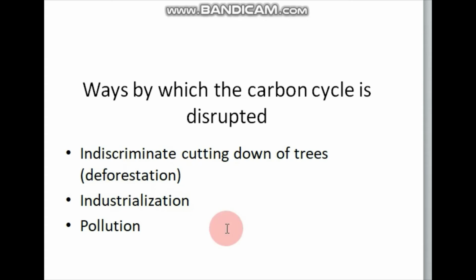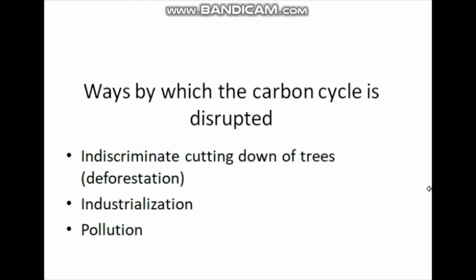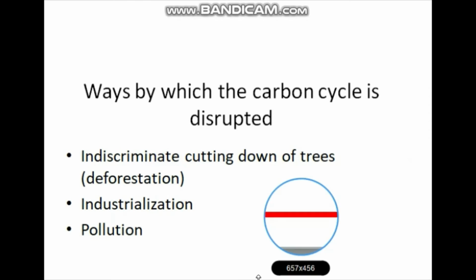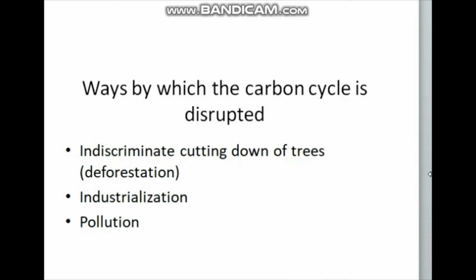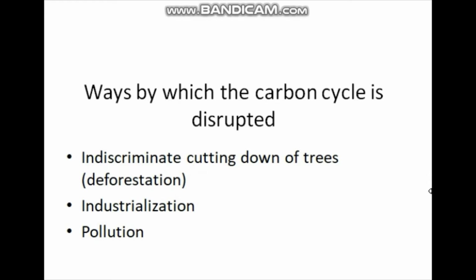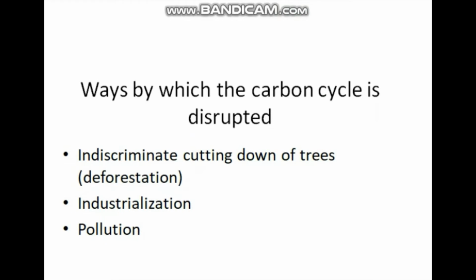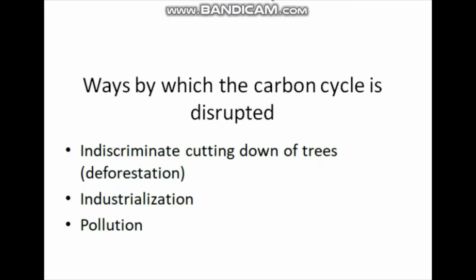So industrialization due to increase in population is also a way of disrupting the carbon cycle. Then we talk about pollution. Yes, organisms are supposed to die naturally, which will decay and release the carbon back into the atmosphere.